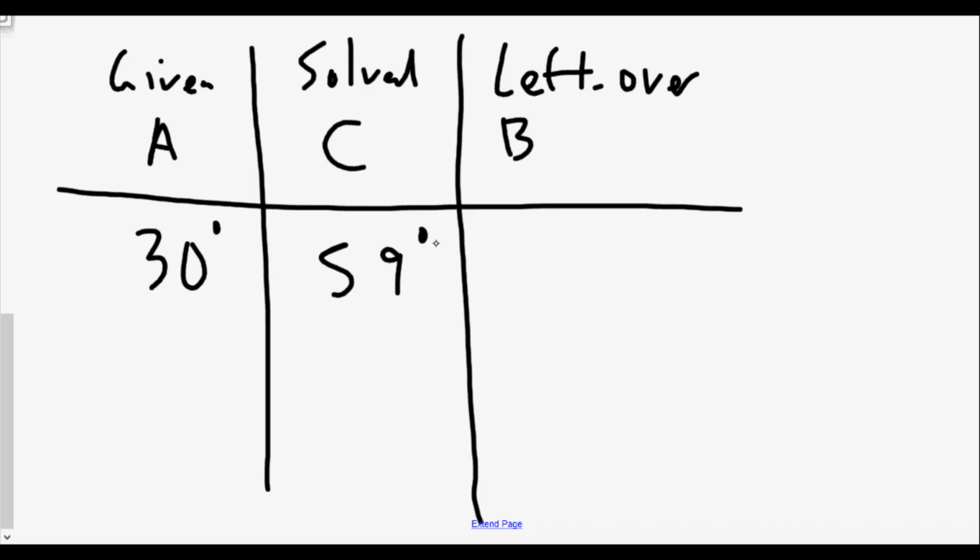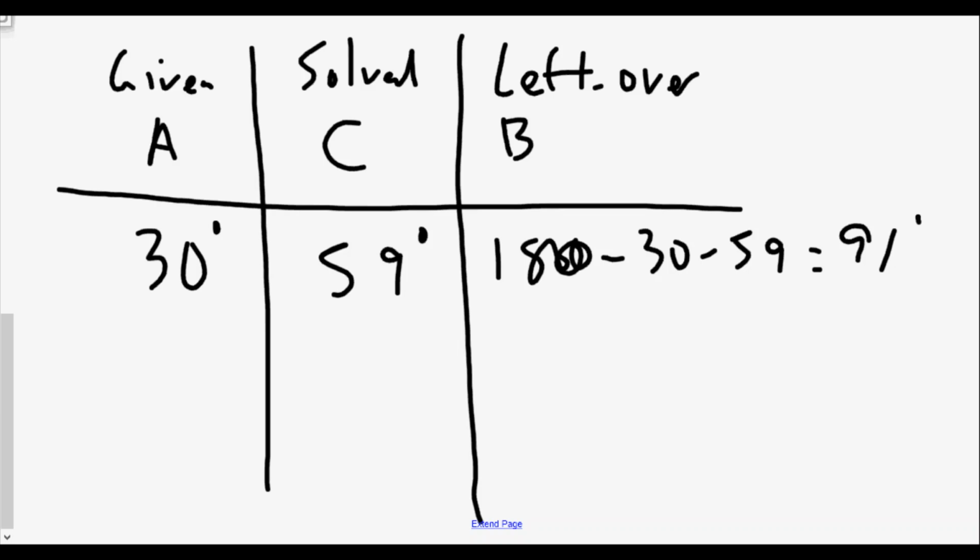Therefore, angle B would have to be 180 minus 30 minus 59, which is 180 minus 89. That would give us an angle measure of 91 degrees, because 89 plus 91 is 180.